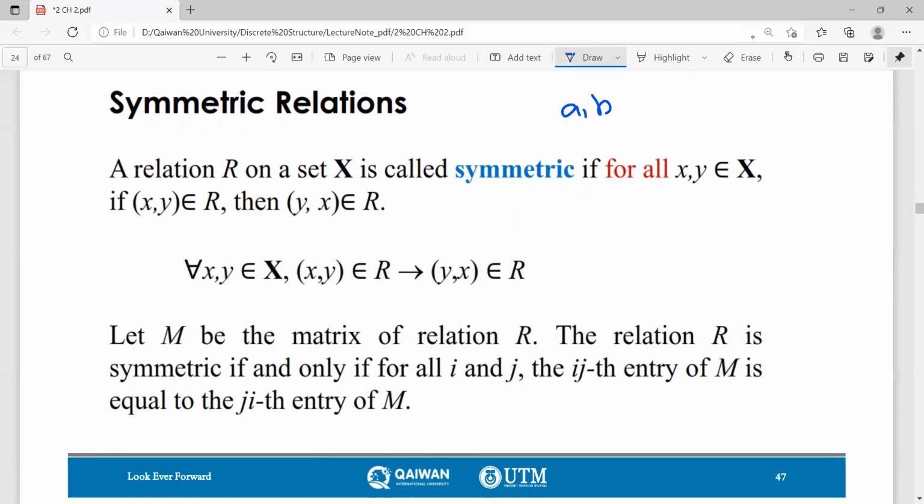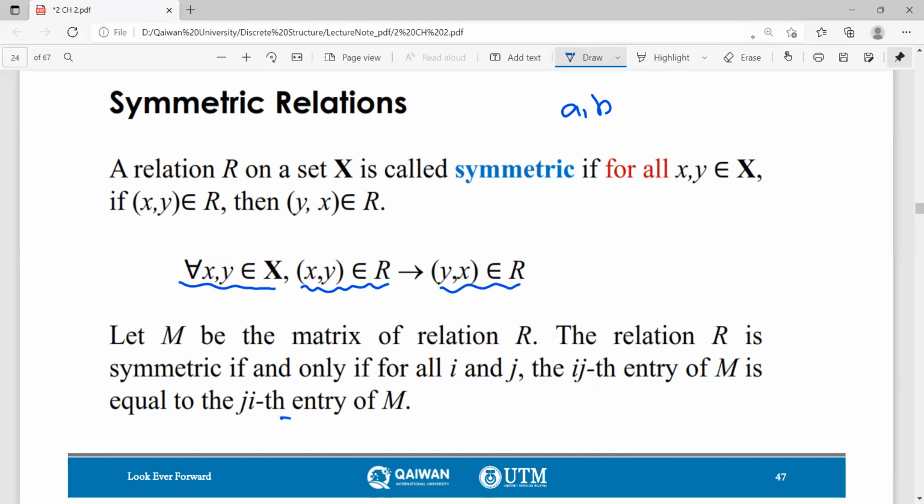For example, if you have 1 related to 2, you must have 2 related to 1. So for all x, y in X, if we have (x, y) in the relation, we must have (y, x) in the relation as well.